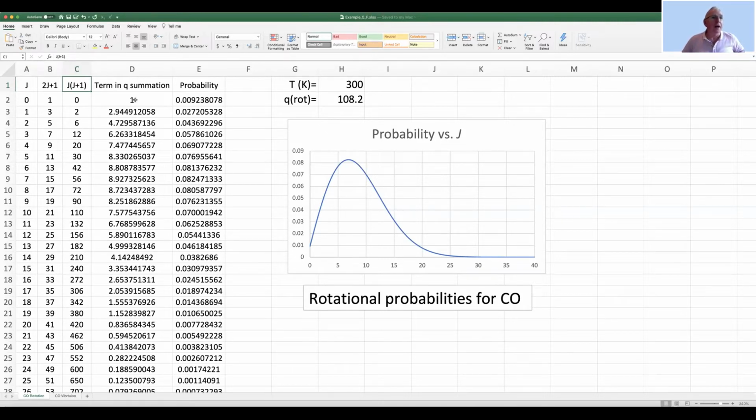And so if I look at this, I see that my expression up here, that's going to be a little bit hard to see probably, but I don't know of a way to make the formula bar show in larger type. But it says I've got, for this one, B2, which is my 2J plus 1. So that's the degeneracy. Then I've got e to the minus, I've got C2, which is my J times J plus 1 term, right?